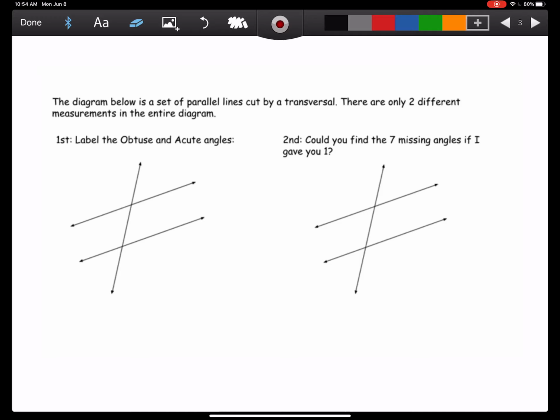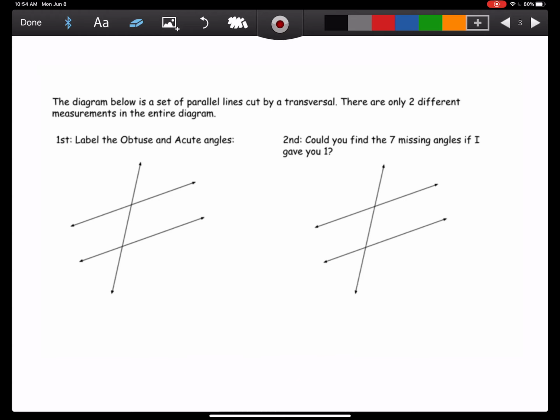All right. So, not all parallel lines cut by a transversal will always be laid out in this way. They might be standing up with a transversal going through them like this. They could be laying to the left with a transversal going through them like this. There's lots of ways that we could see this diagram.